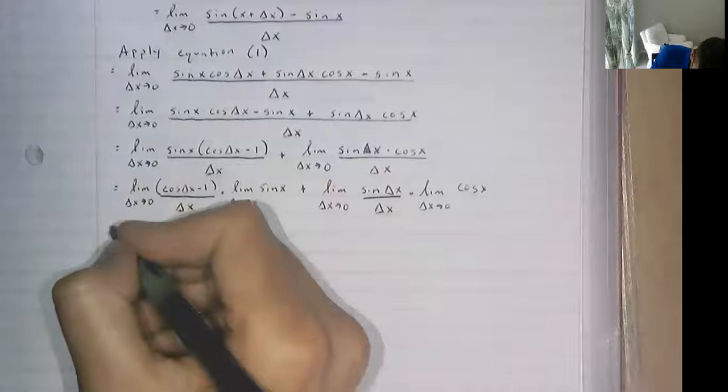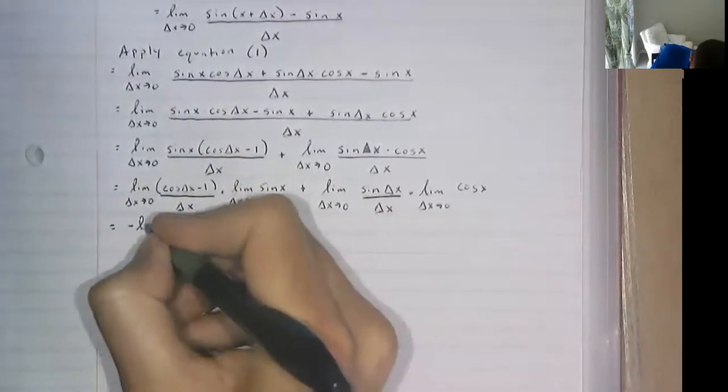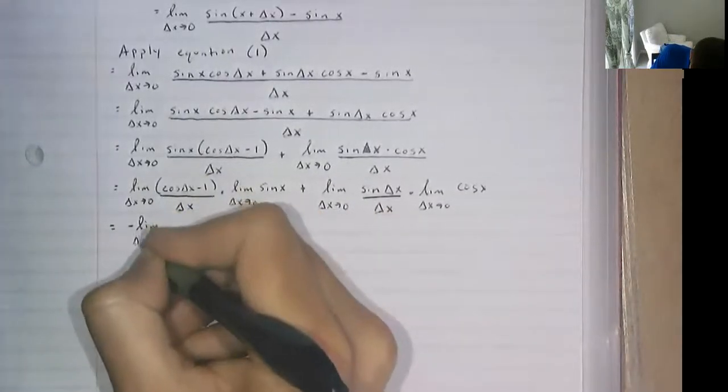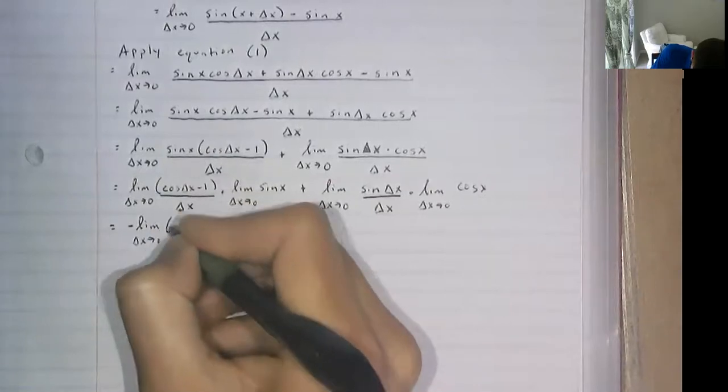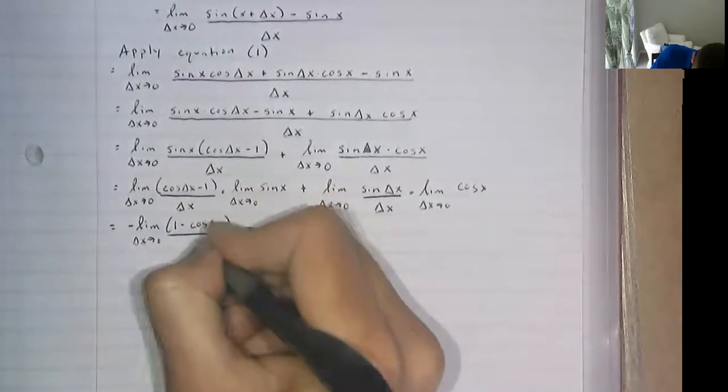Okay, so the quick rearrangement we do on this guy is to factor out a -1 so that it becomes 1 minus the cosine of delta x over delta x.